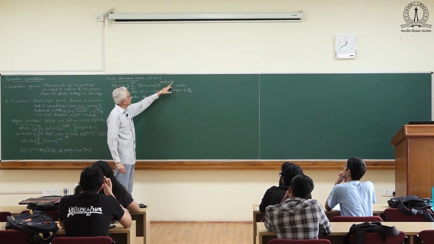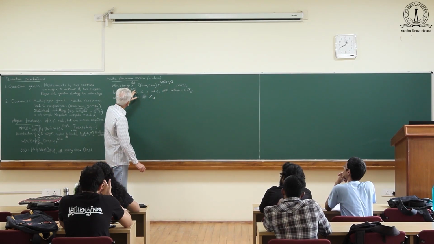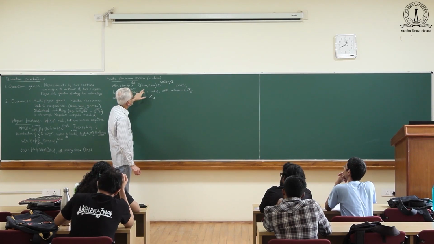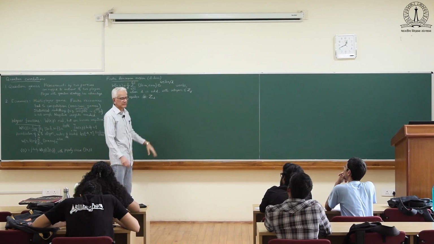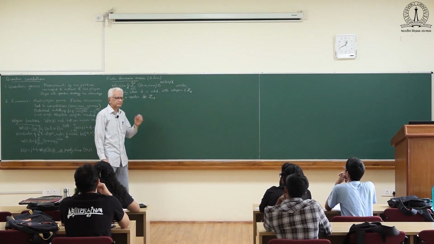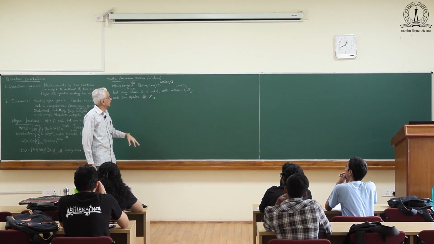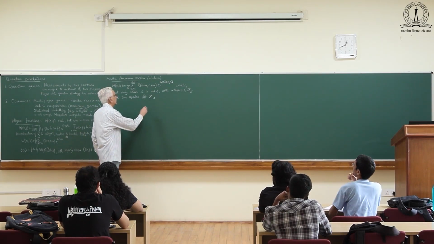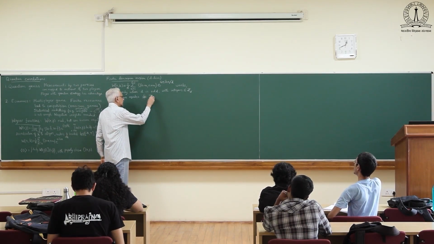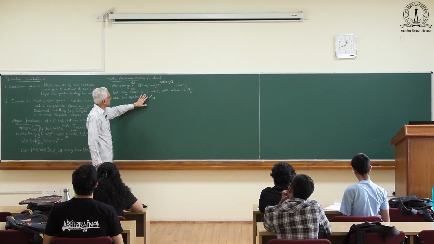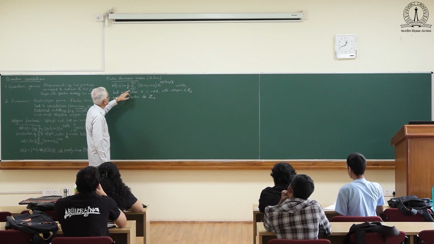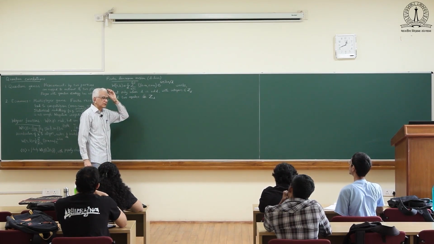So the range of 0 to D minus 1 is not enough. I need to go from 0 to twice D minus 1, and then afterward the phase will start repeating. Okay. So this is something which is a little strange, but that is what happens when you try to make this thing finite.